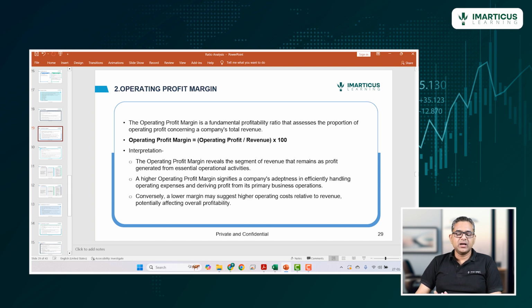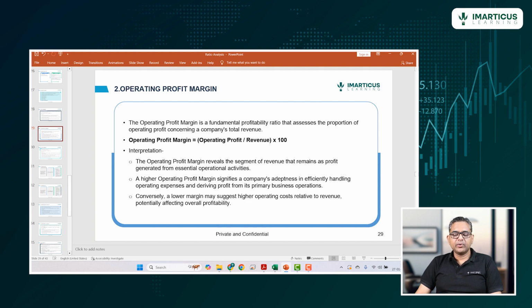From the revenues, after deducting the cost of goods sold and the operational expenses like general administrative expenses, selling and marketing expenses, and research and development expenses, what is the profit left? That is my operating profit, divided by revenue into 100, and we get the operating profit margin.